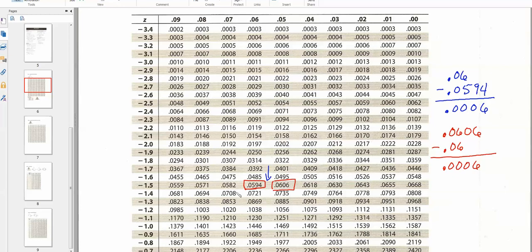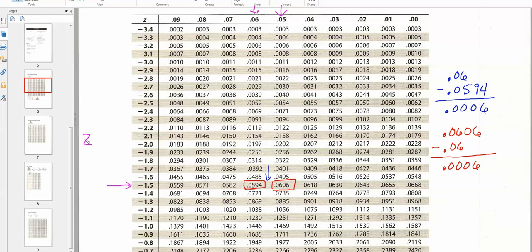and we will use a value that is between this. So we note that the z-score is going to be between negative 1.56 and negative 1.55. However, we want to make sure that we use a positive value.